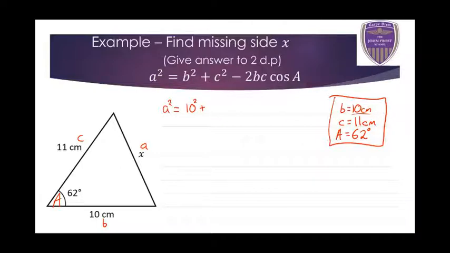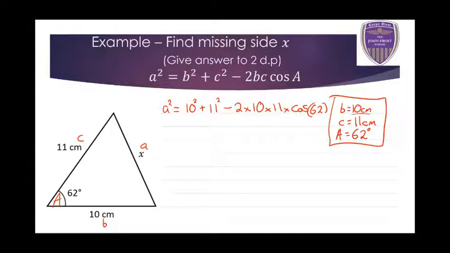Well, c is 11, so plus 11 squared, take away 2. Remember, when we've got letters next to each other, it's the same as multiplying. So 2 times b, which was 10, c, which was 11, and cos angle A, which is 62 degrees. This is all we need now to figure out what a, the missing side x, is.